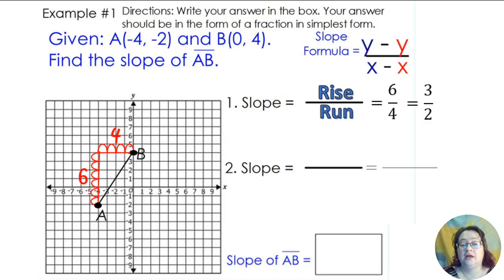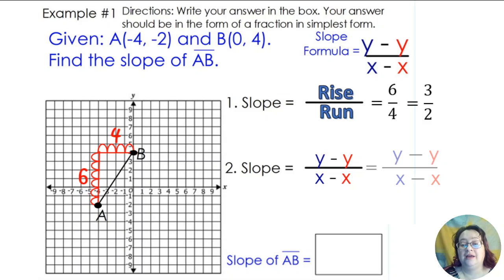With our formula, we can do y minus y over x minus x. And we remember that y goes over x because you always put yourself over your x. And then we just plug in our numbers. So I will take my 2 points, and whichever one I start with, I have to start with both times.